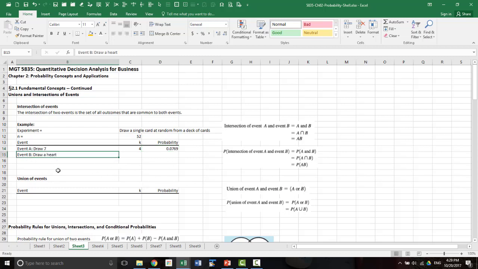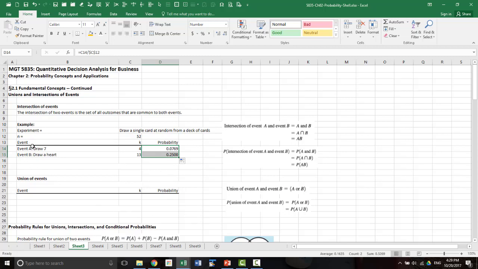We need to know how many outcomes in the sample space satisfy this condition of being a heart card, and out of the 52 there are 13 of them that are hearts. Since we took this cell and divided by that cell, with that cell being an absolute address, we can simply copy that and we will have the probability of B.